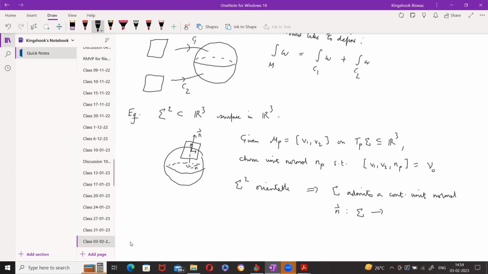Well, it will take values in unit vectors in R3, so this will be a map to S2 in R3. P goes to NP.